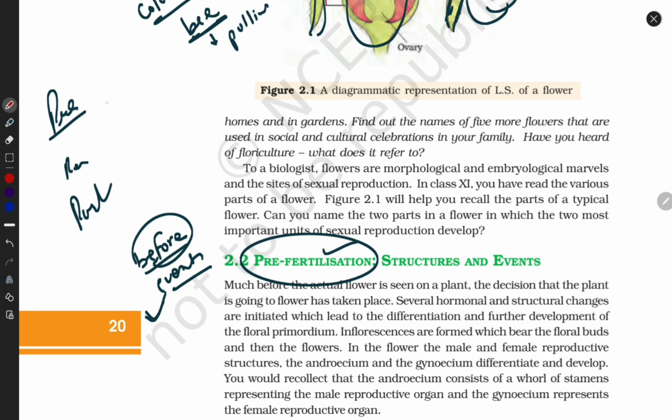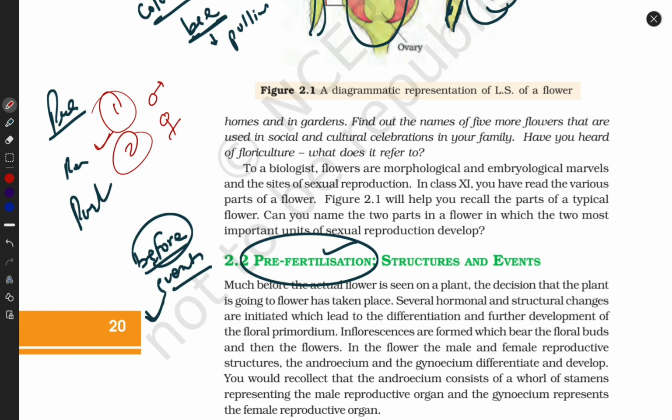Very simple, guys. First, they focus on whether the male sex organ has properly developed or not. Second, whether the female sex organ has developed or not.